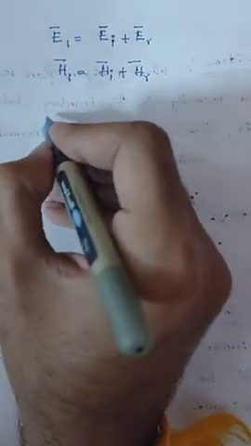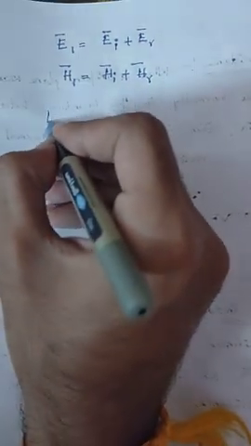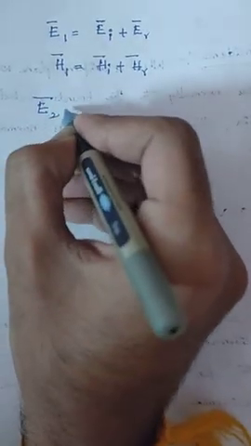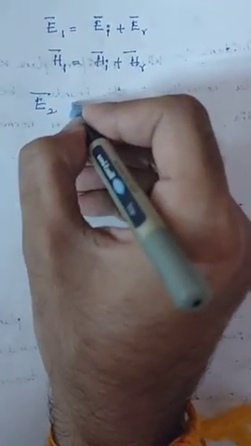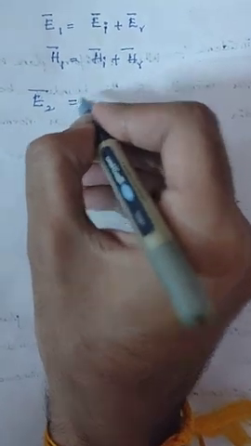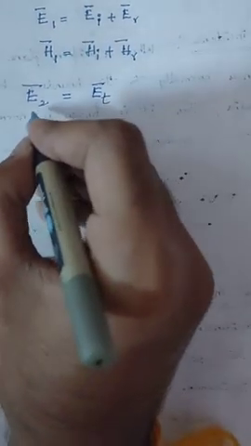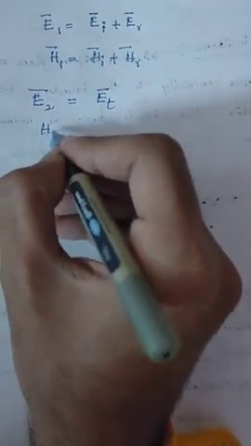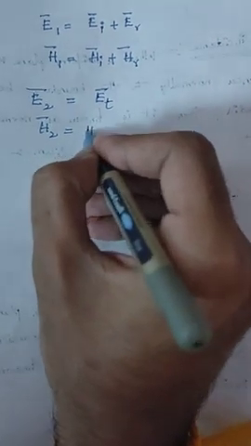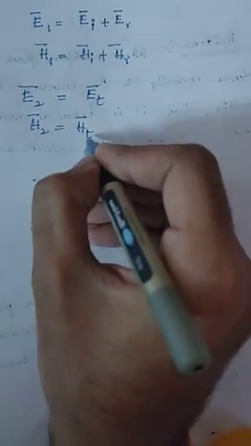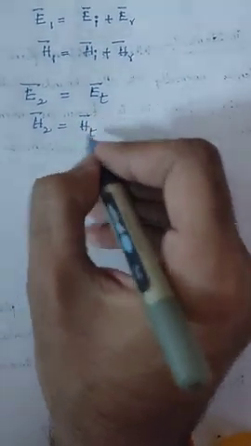In the same manner we can represent E2, the total electric field intensity in medium 2. Medium 2 has the transmitted wave only, so the electric field intensity is for the transmitted wave. Similarly, H2 can be written as HT, the magnetic field intensity of the transmitted wave.